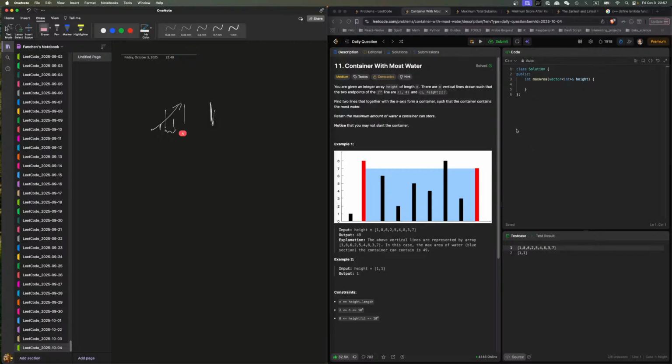So if it's a monotonic decreasing, then I know everybody to my right is bigger than me.